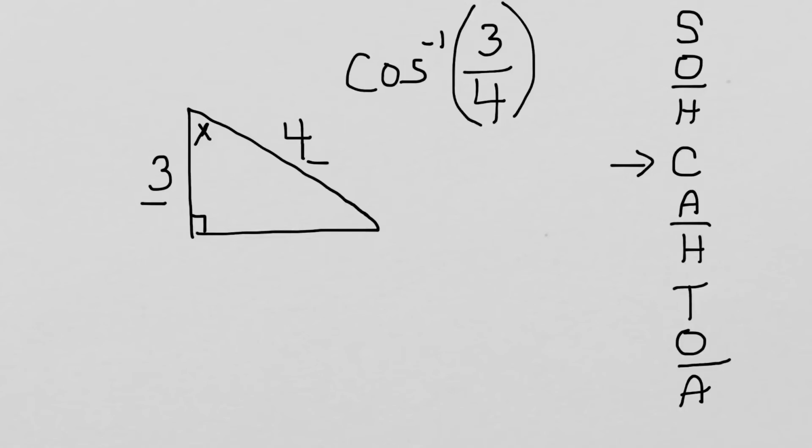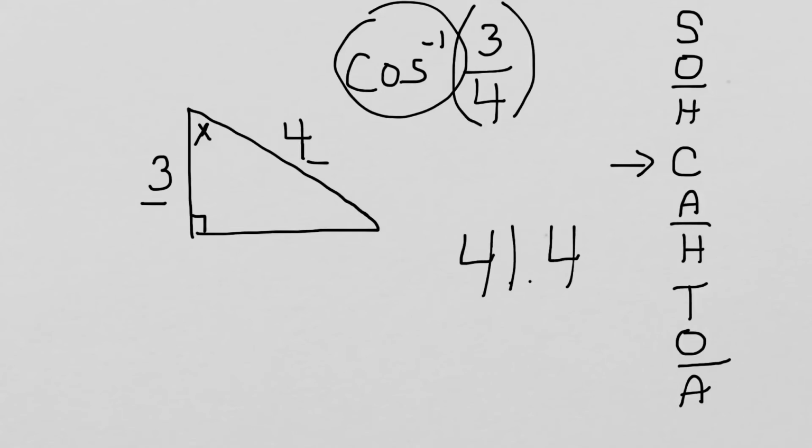You get 0.75, and then you hit the arc cosine button. It looks like this. You'll get 41.4 degrees.